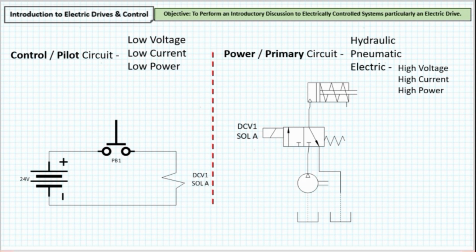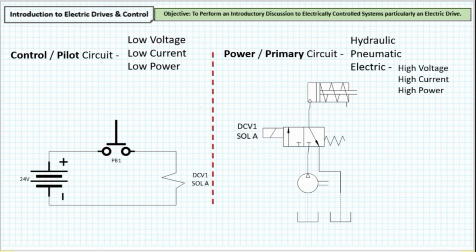Notice here, we don't have any electrical connection. The 24 volts that we used is only in the control circuit, and this one, the power primary circuit, is powered by pneumatic or hydraulic energy through this pump.